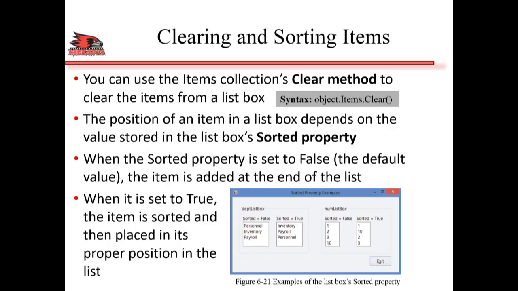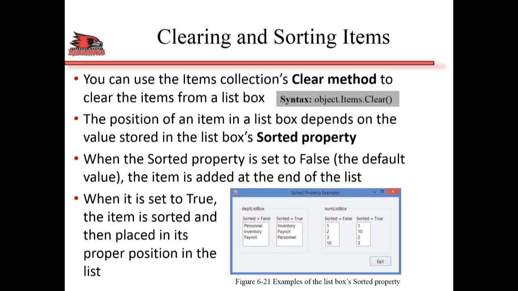So inventory is first, then payroll, then personnel. Since inventory starts with an I, and the rest start with a P, and between payroll and personnel, since the first letter in each word is the same, they go to the second letter. Payroll has an A while personnel has an E, so payroll gets precedence.